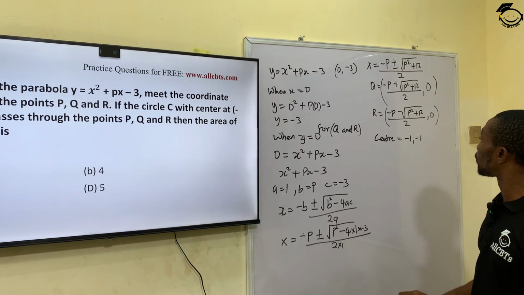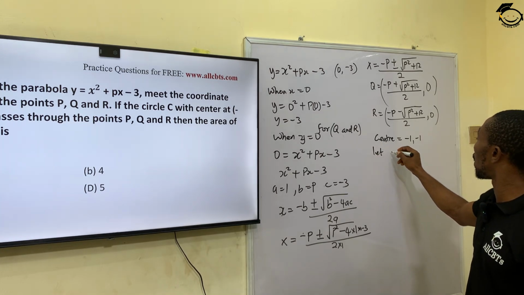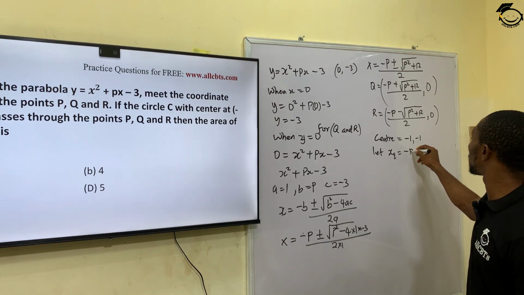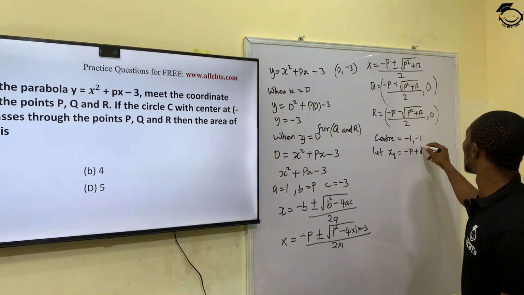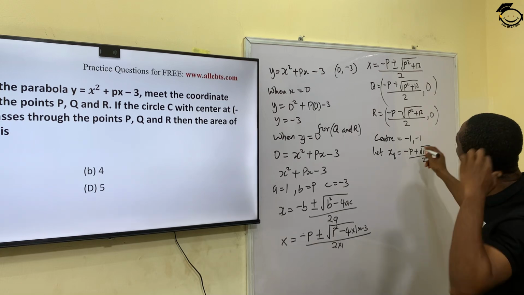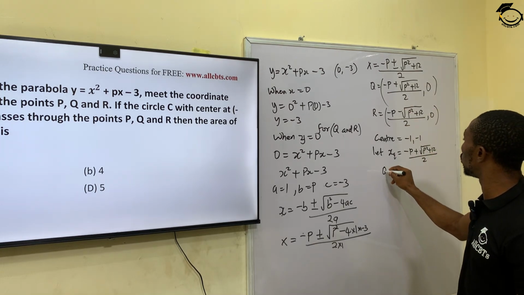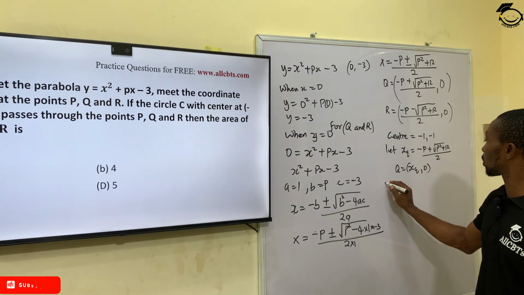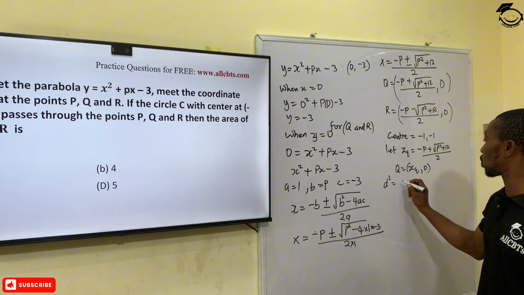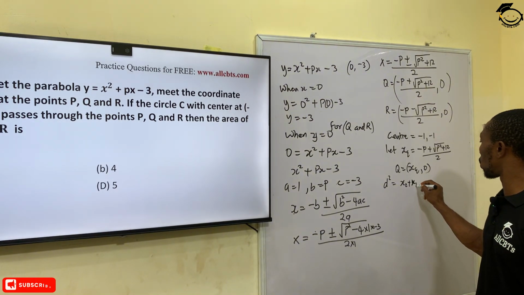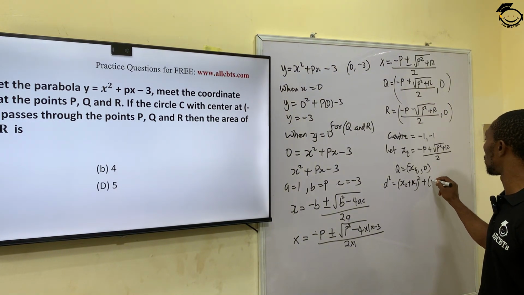All right, now let s cube be minus p plus root p squared plus 12 over 2. Okay? So from here we can have Q as s cube and 0. So using our distance formula, d squared equals x2 minus x1 all squared plus y2 minus y1 all squared.